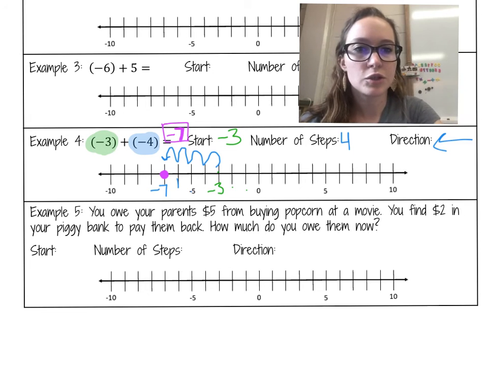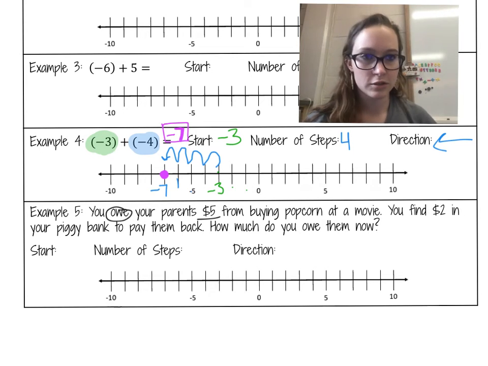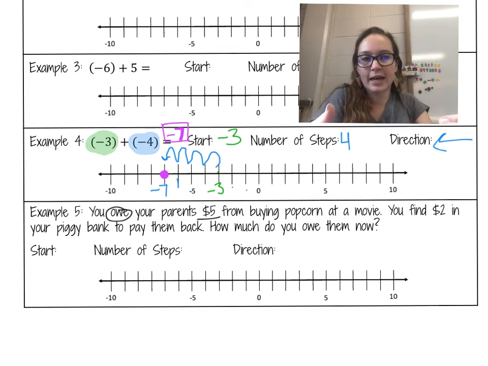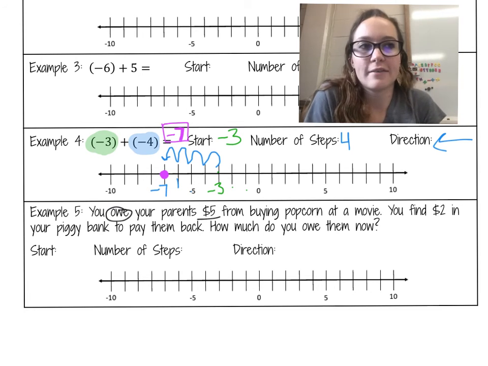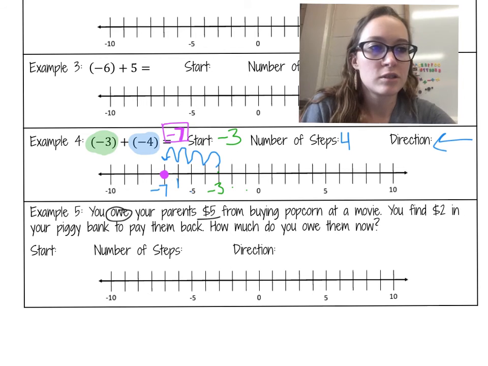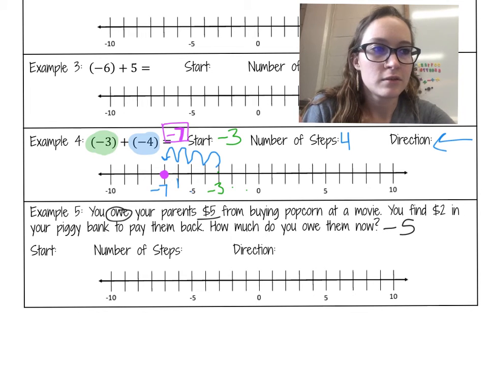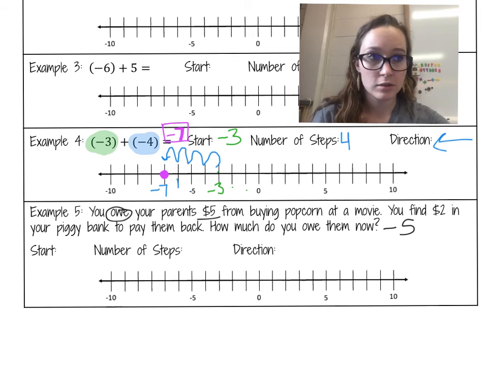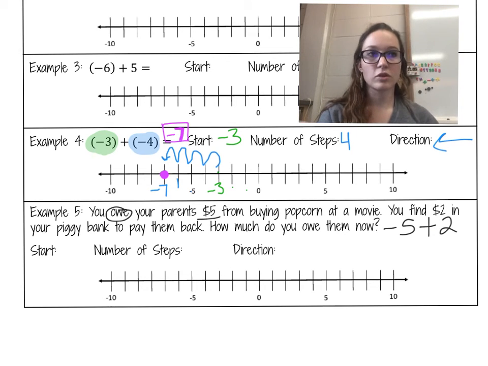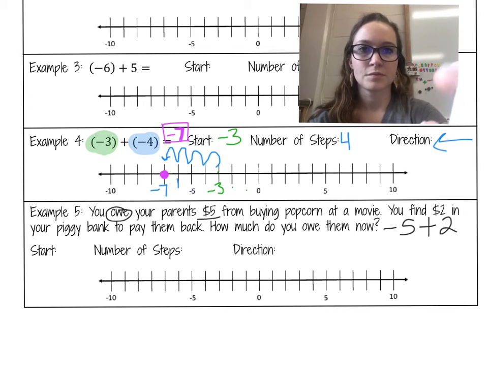Okay, so you owe your parents $5. That's money I don't have, it's negative money. So it's going to be -5. But then I find $2. So plus $2. So now it's just -5 plus 2.